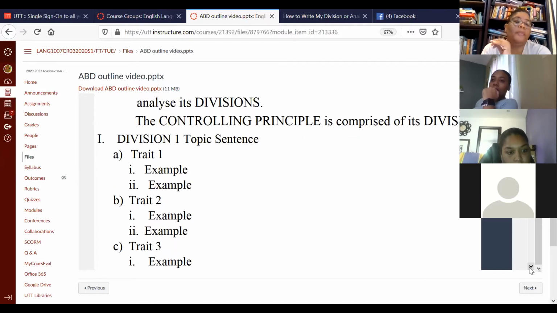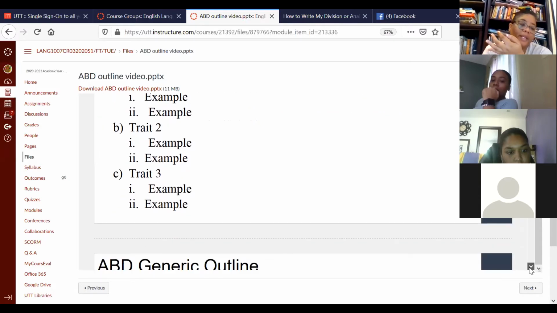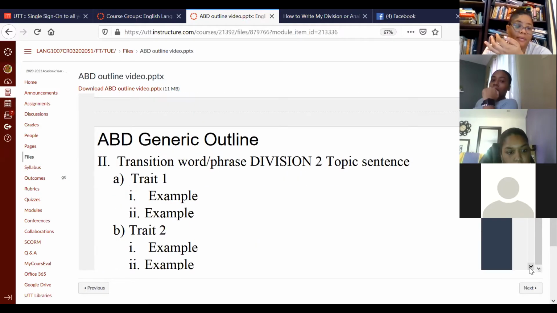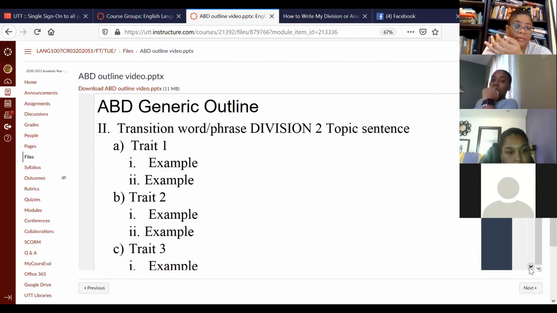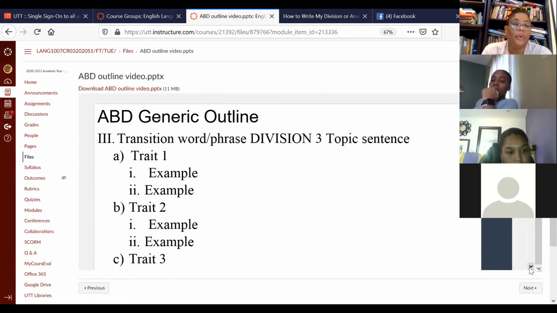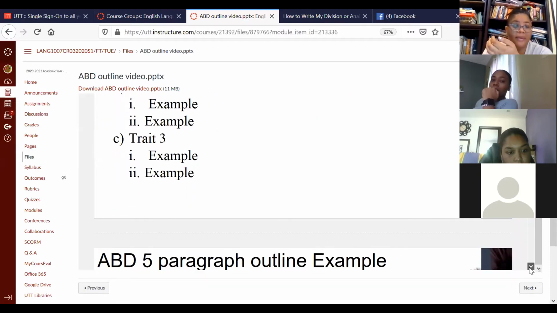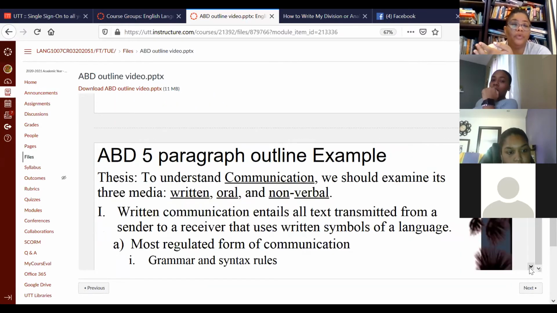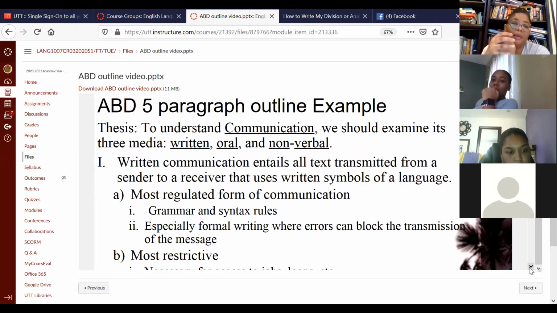And then each body paragraph will take one division and explain it. So what you have here too, then, is another template you can use. And here's an example.